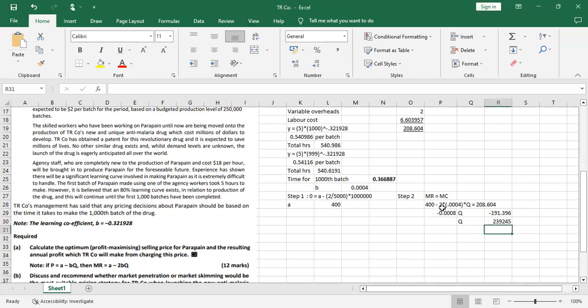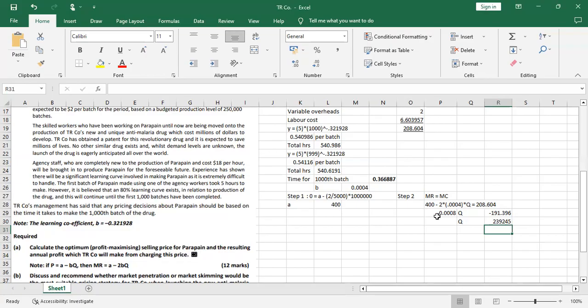400 is A, minus 2 is the constant. Value of B is 0.0004. Then we have the Q optimal quantity which needs to be determined is equal to variable production cost per unit 208.604.